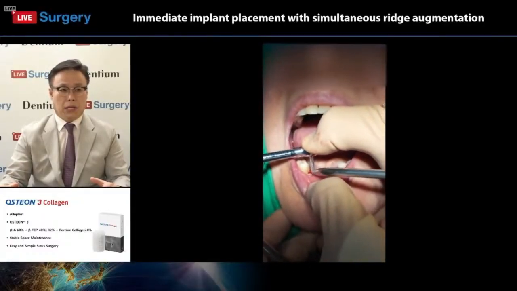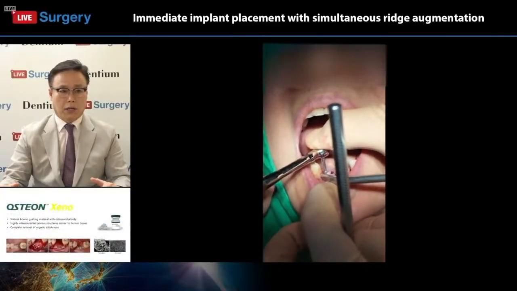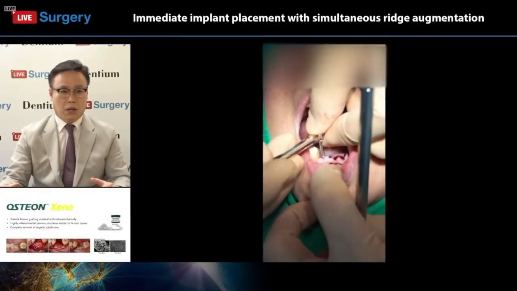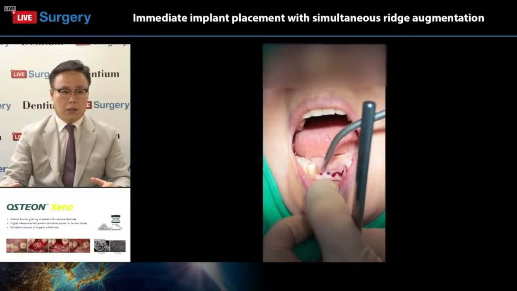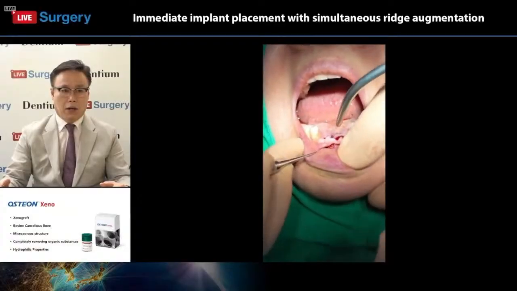And checking the location of the platform, and also checking the initial stability, and checking the size of the remaining defect on the buccal side.